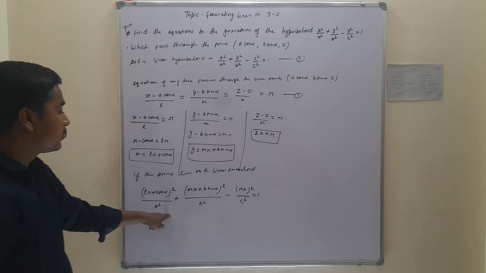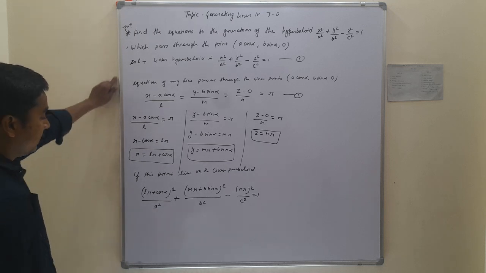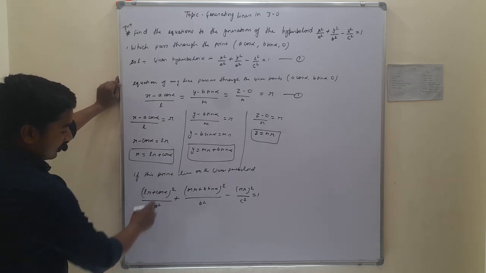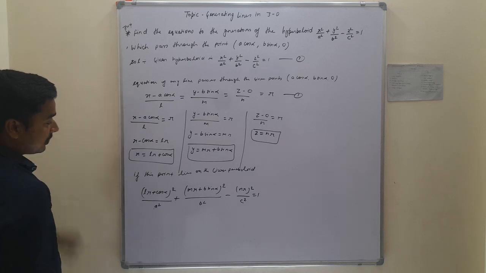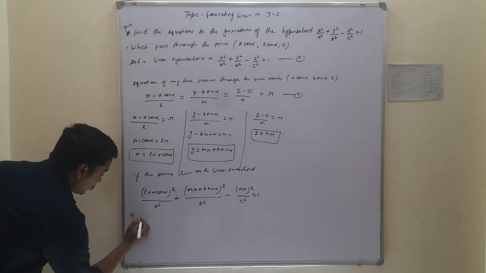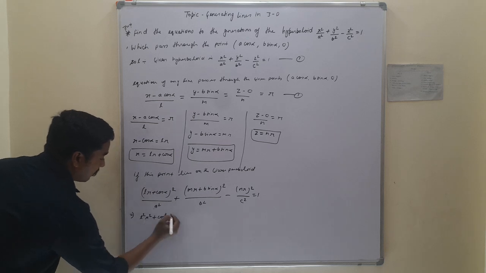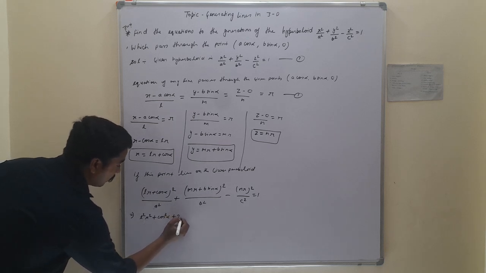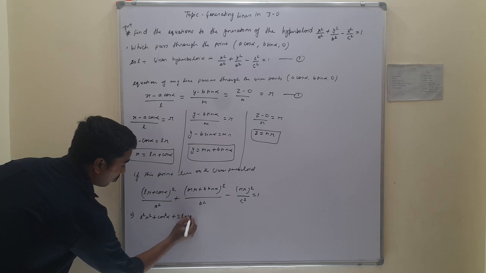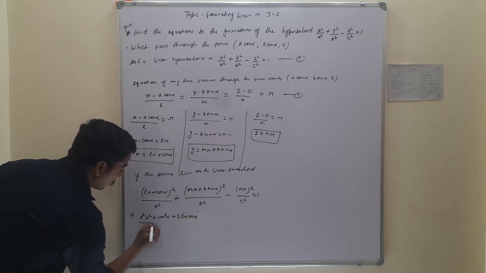And further we have to simplify. We can open (lr plus a cos alpha) whole square. This gives l square r square plus a square cos square alpha plus 2 lr a cos alpha upon a square.